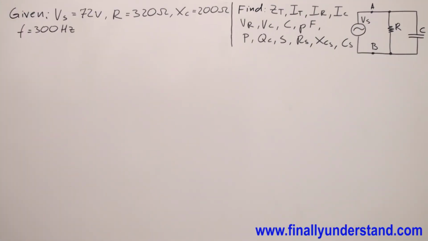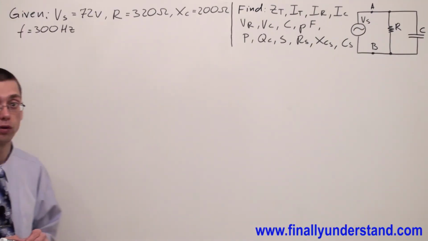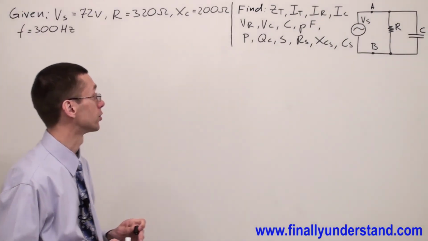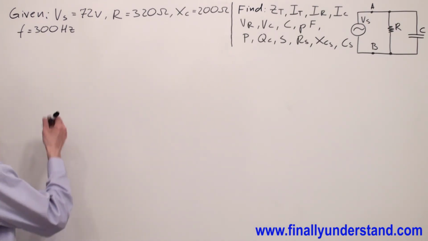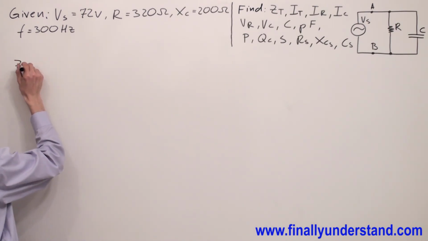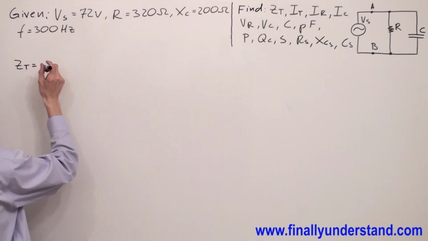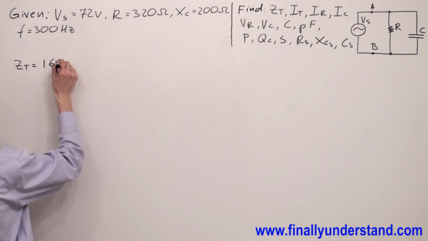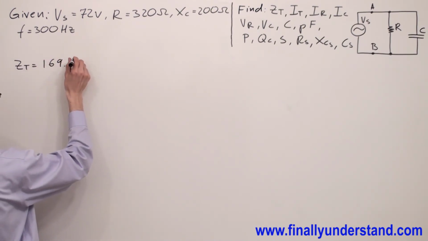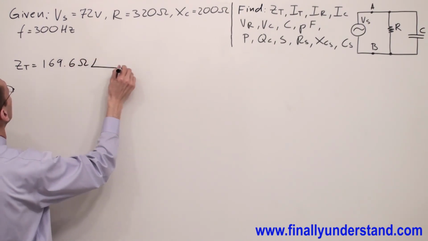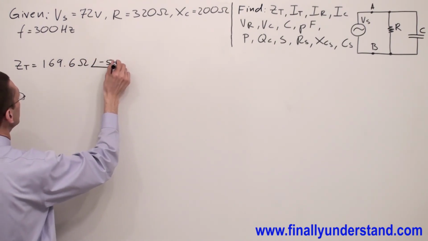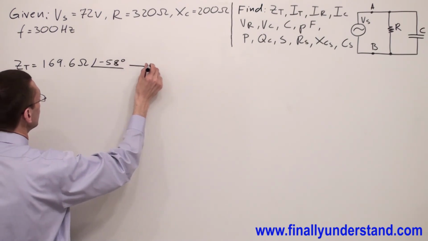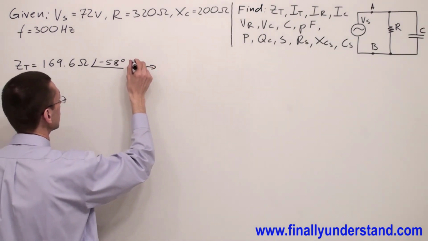Now we're supposed to find the series equivalent circuit. So what we're supposed to do is take the value of Z total, which was equal to 169.6 ohms and angle of negative 58 degrees, and convert it to the rectangular form.